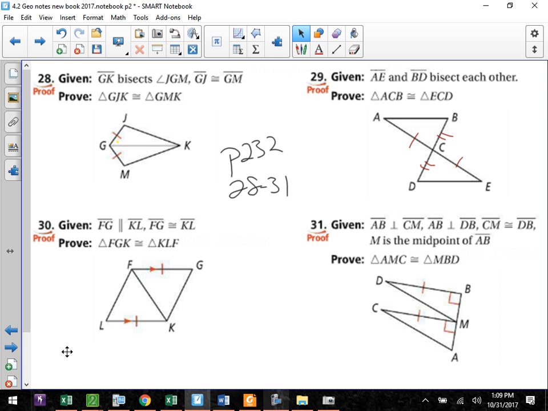You have to do that twice, so there's 6 steps right away off of givens. Then you have another given about segments. Then you have a midpoint, which has a definition. So right away, just from the given statements on number 31, there's 9 things that you're going to write out. But none of them you have to come up with on your own. Everything is on your sheet. You just have to figure out the right letters.